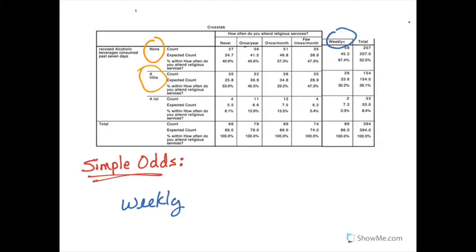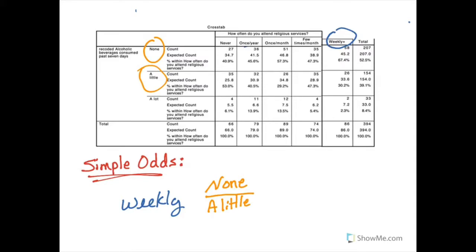So I want to create the odds of drinking no alcohol versus a little alcohol. Again, over, under. If you've ever done any betting, then you probably have calculated odds before. So again, you just want to keep track of what it is that you're doing. So we're going to calculate the odds of drinking no alcohol versus a little alcohol. And I could reverse these.